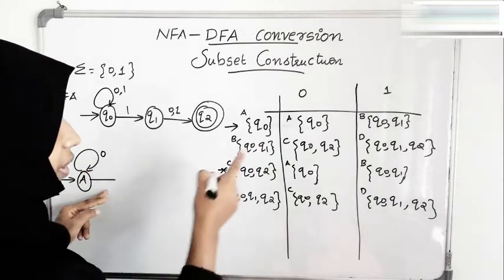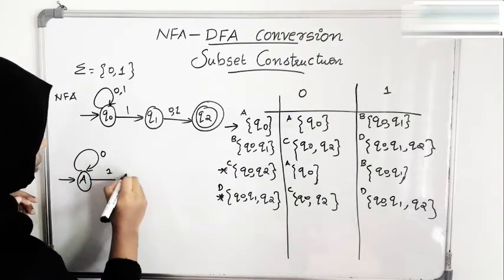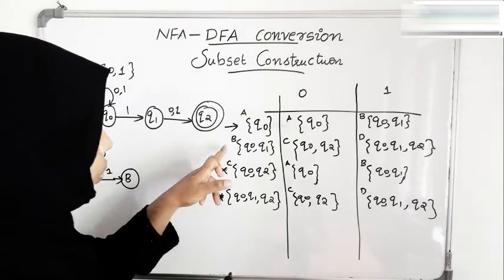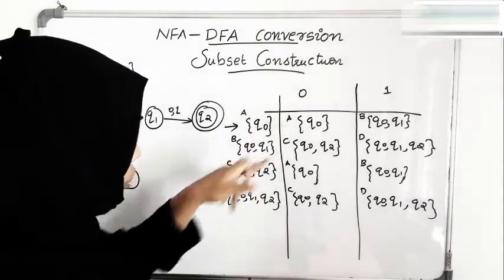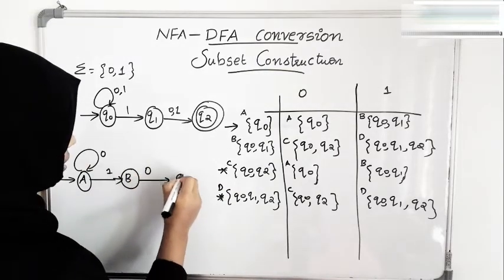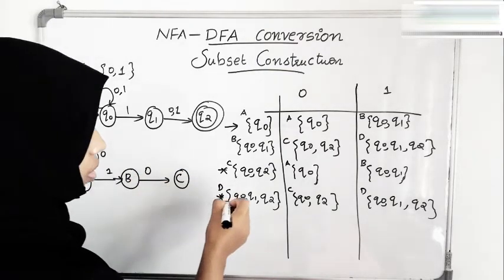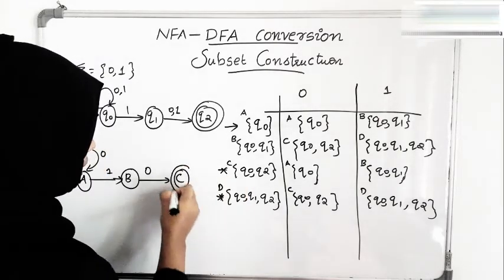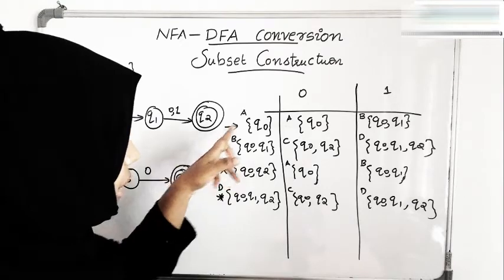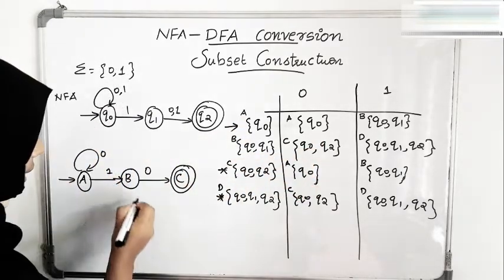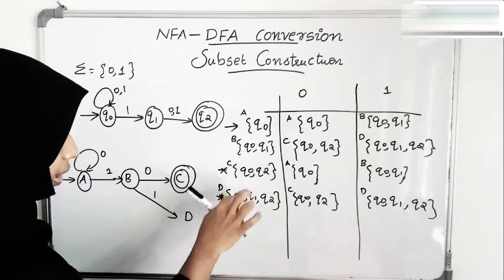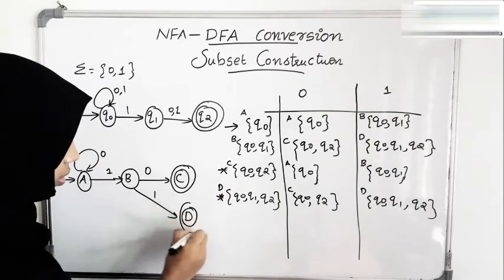Now when you apply 1 to A, you will get B. Now when you apply 0 to B, you will get C. So C is a final state too. Now, when you apply 1 to B, you will get D, and D is a final state.